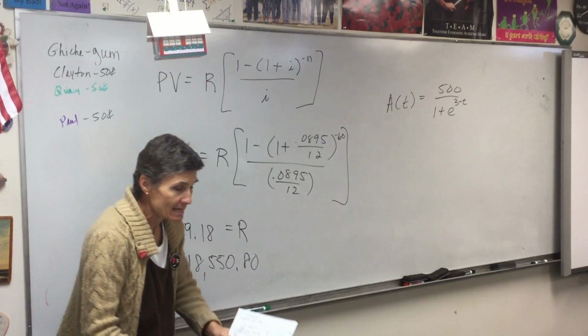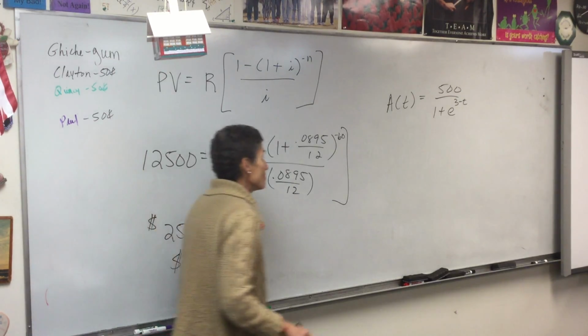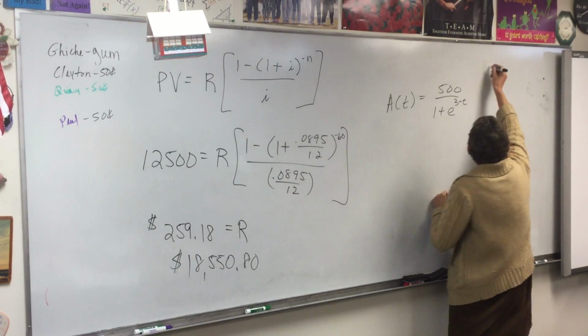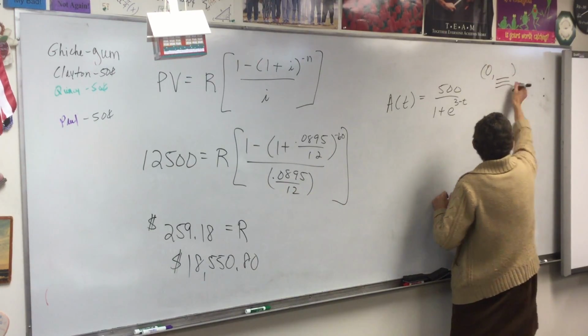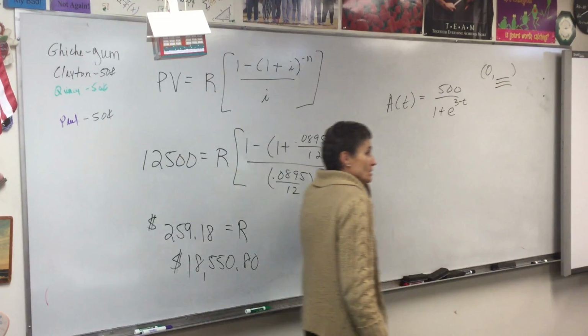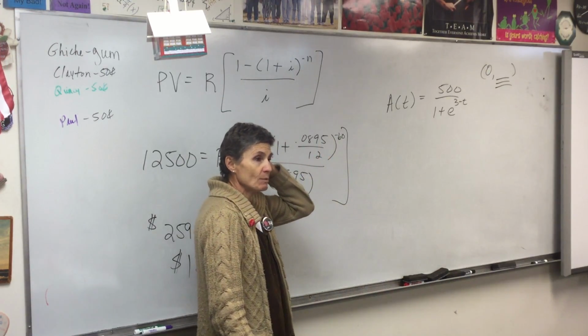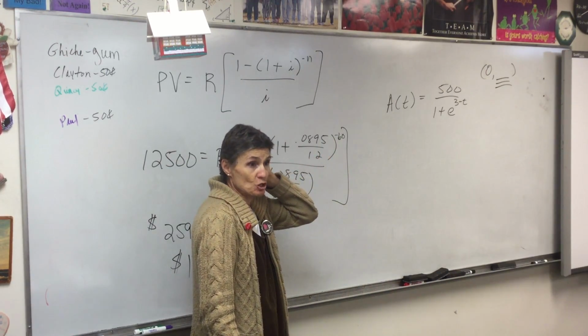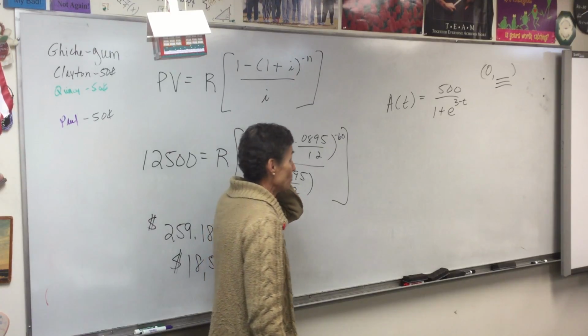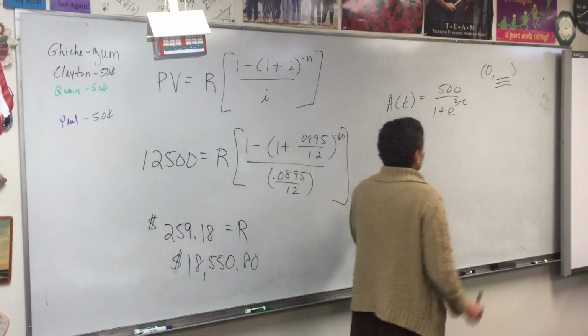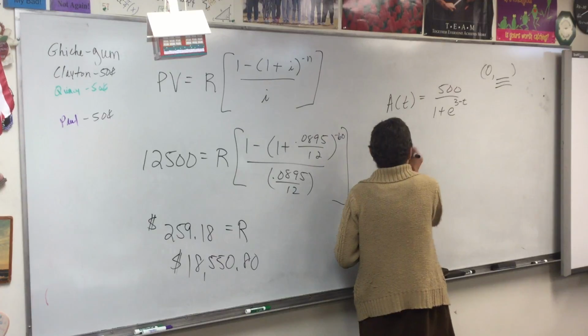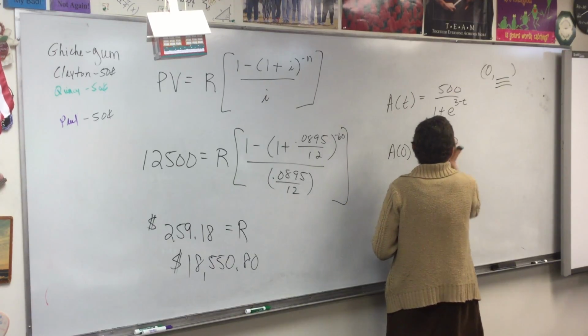What does that mean? That means 0, comma. This is the initial value. So if I want to know what the y is initially, I'm going to have to put in 0 for x or t. So I'm going to put in 0.